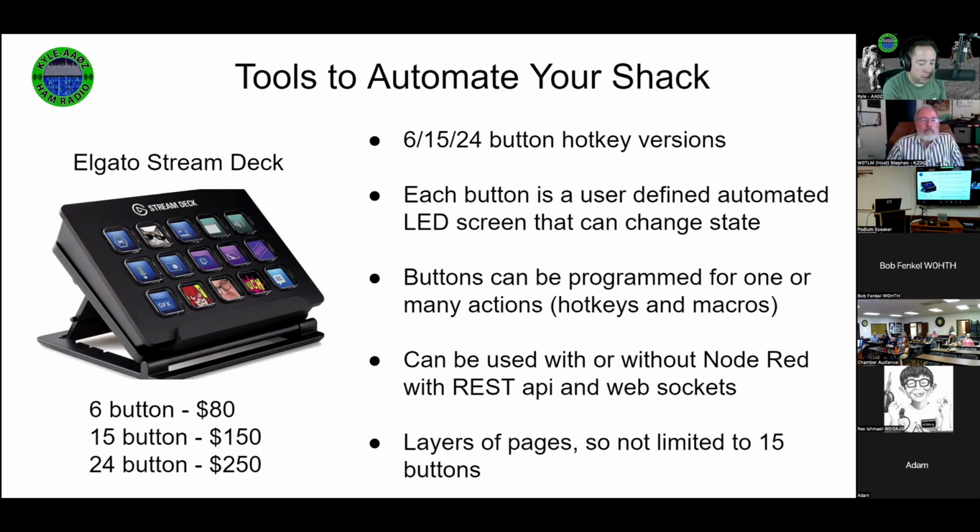Same thing with rotor control, where all you have to do is press the button and your rotator rotates your antenna wherever you need to. And I'm going to show you how that's done.